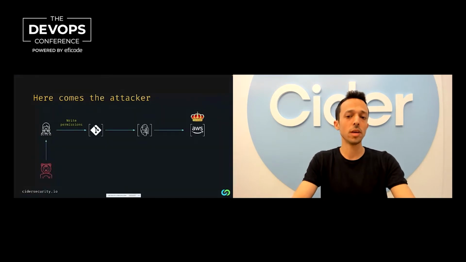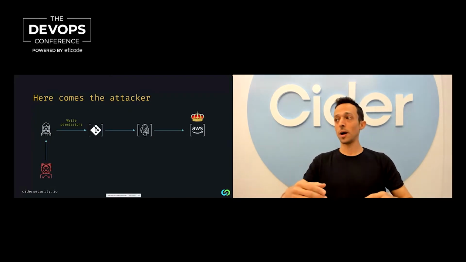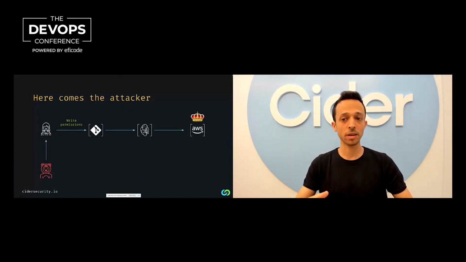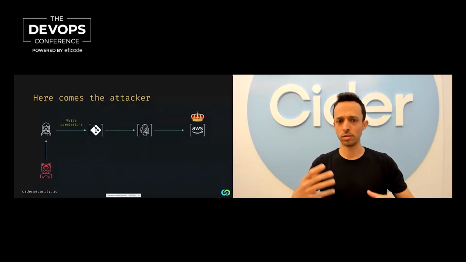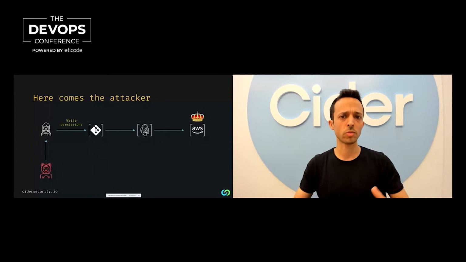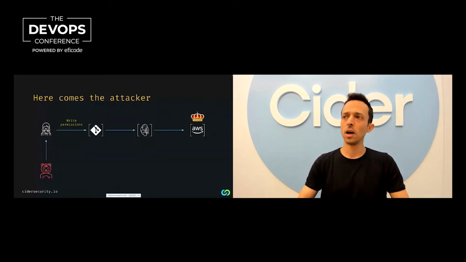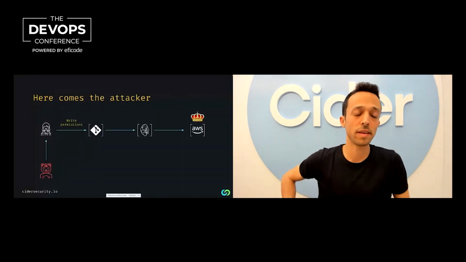So maybe if the attacker succeeds in compromising some authentication method of this developer to the repo, to the source control management system, he might be able to move between the different stages of the pipeline until he reaches his goal. There are many authentication methods used for SCMs, for user accounts. There's SSH keys, access tokens, credentials for the system, and many others. So the attacker just needs to grab one of them in order to have his initial footprint in the CI/CD.